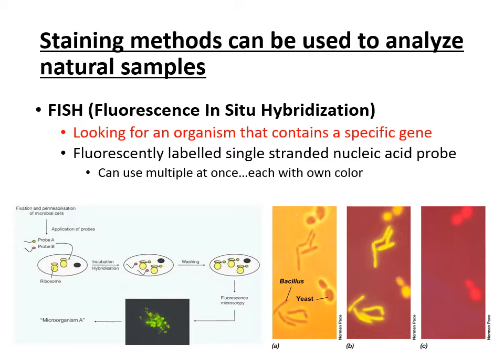So if you look at the pictures on this slide, in this sample, the yellow stain is a universal stain. So notice that the bacillus, the rod-shaped bacteria, and the yeast cells, these little budding circles, they're both visible in the yellow stain.